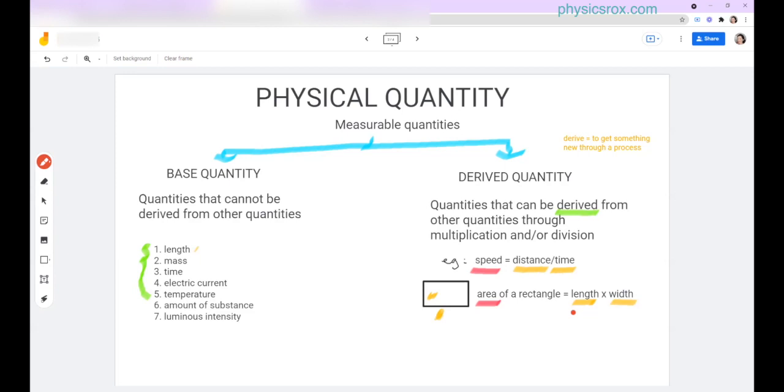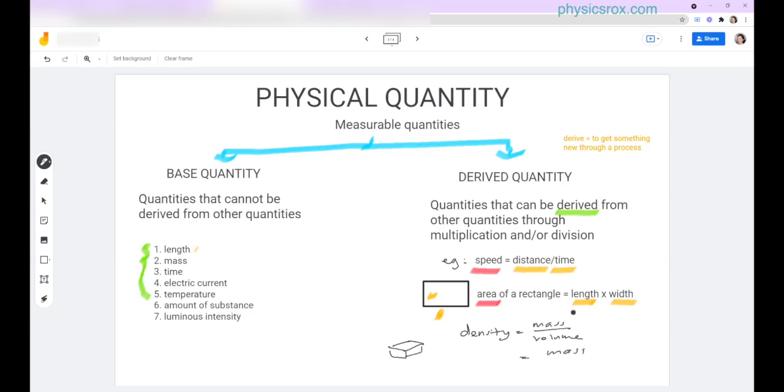Sometimes I only put two quantities, but it can even have more: 2, 3, 4, 5. Let me give you an example, density. Density is mass over volume. Then look carefully: the volume of a cube is length times width times height.